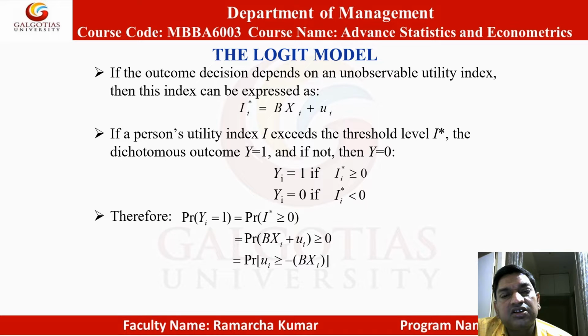Therefore, the probability that yi is equal to 1 is equal to the probability that I* is greater than or equal to 0, or the probability that b times xi plus ui is greater than or equal to 0. This is the same as the probability that ui is greater than or equal to negative b times xi.